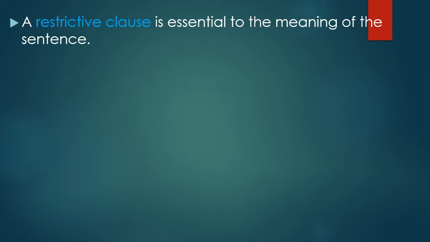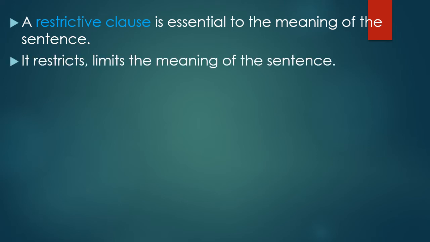But with the restrictive clause, things are different. So a restrictive clause is essential to the meaning of the sentence. So it's really important to the meaning of the sentence. Why? Because it restricts, it limits the meaning of the sentence, okay? And it's not set off by commas. So this is the difference between restrictive and non-restrictive clauses.